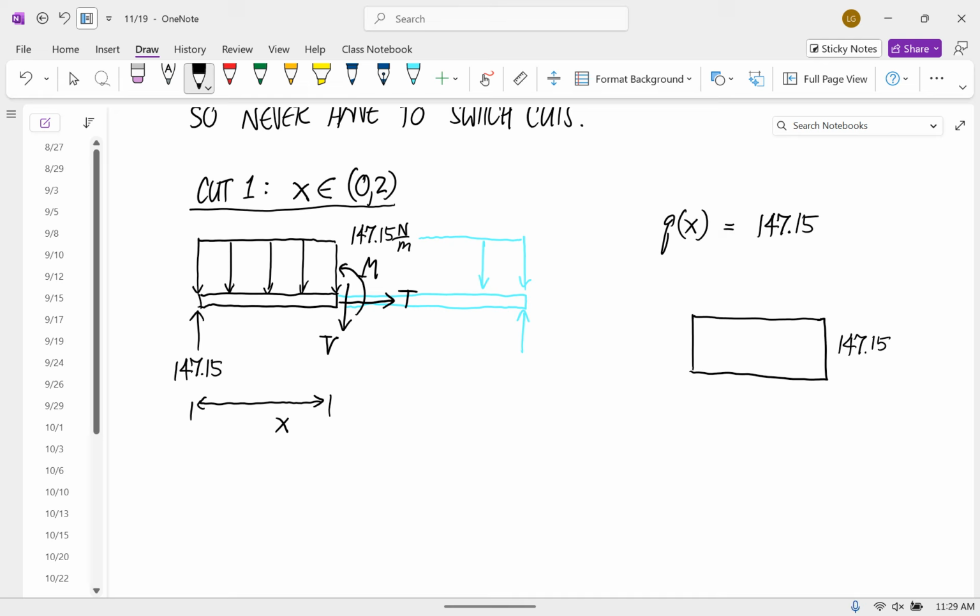Last time, the length of the rectangle was 2, but what's the length of this rectangle? x, exactly. The centroid of this shape is right in the middle. The area is 147.15 times x.